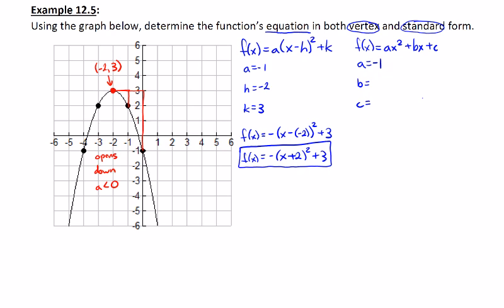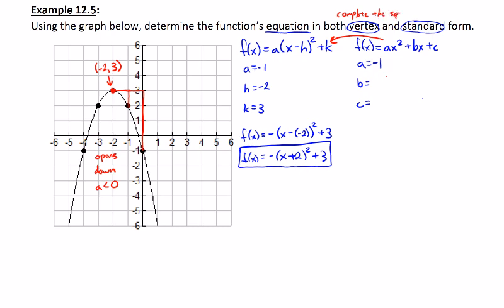And then for standard form, we're missing the value of b and c. And without the value of b and c, it's going to make it really difficult to write the standard form equation. We talked about at the beginning of the section how to go from standard form to vertex form using complete the square.